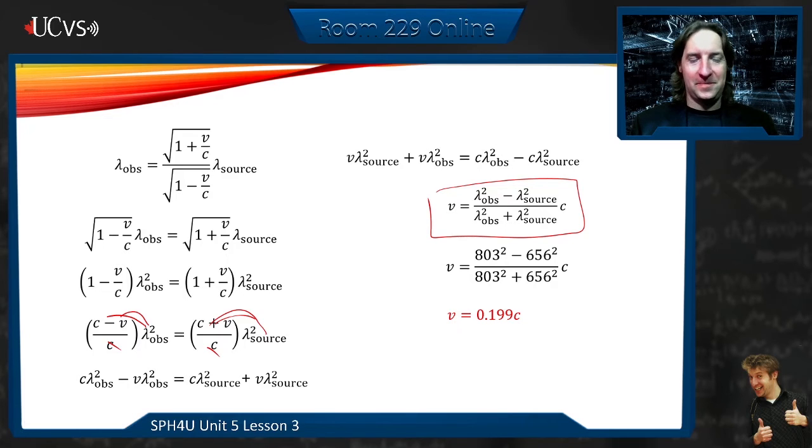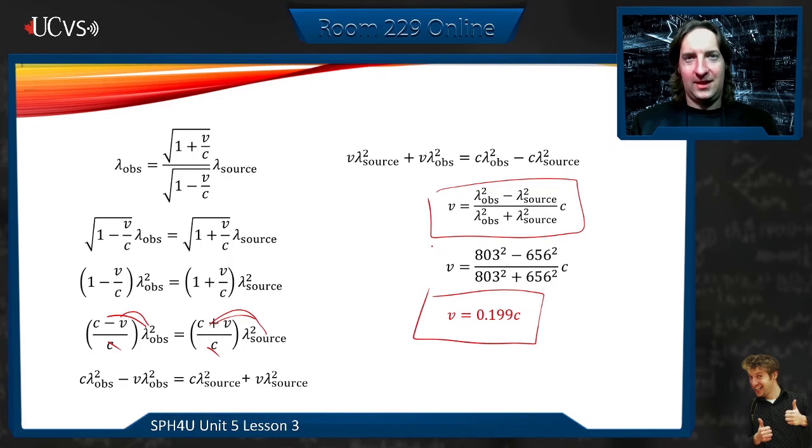Ridiculously high number. Okay? And that's because the universe itself is expanding. And not only that, it's accelerating, but that's a different story altogether. We'll leave that for today. Okay? So what have we done here? We multiplied both sides by the radical, squared everything, multiplied by c on both sides, and then we brought all the v's over to one side, all the c's over to one side, rearranged, and we got our final answer.